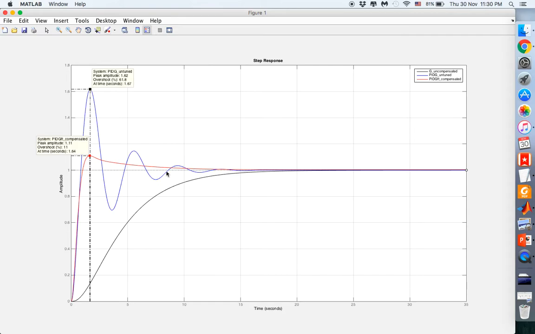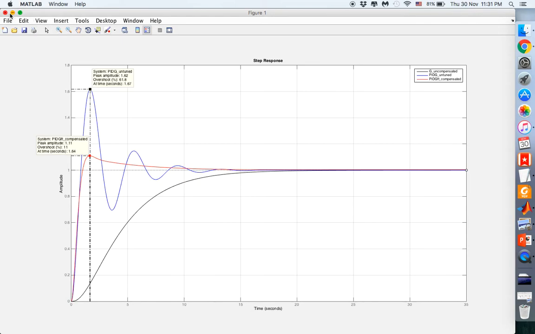Look at the difference here. We managed to reduce the overshoot from 61.8% to 11% without sacrificing the peak time. Originally we have 1.67, and our compensated system now has 1.64 seconds. This is the original closed loop without the controller.